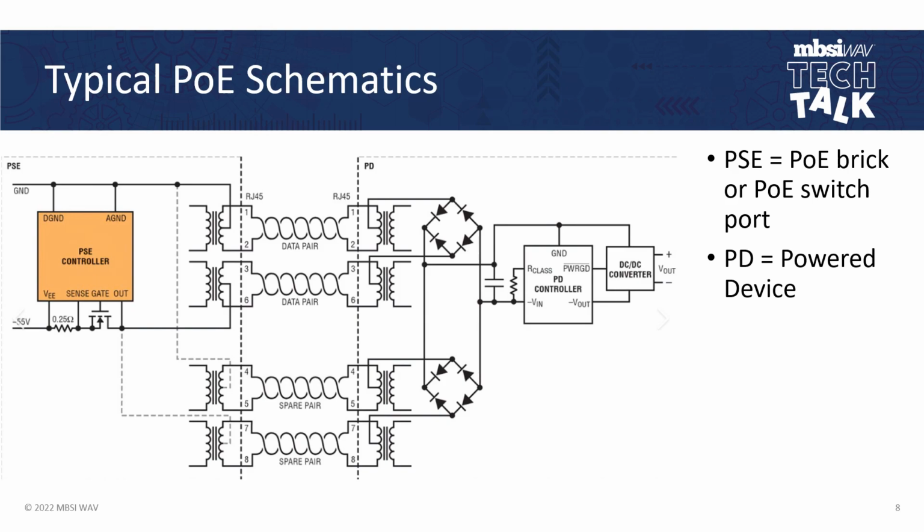And so PoE is always one way. There's always a power supply, a PSE controller, that is sending power to a device that's receiving it. In many cases, the power supply controller is the switch or the PoE brick that's located at the base of the tower, and then the PoE is sent up the Cat 5 cable to the access point or the device that's up the tower to power it up.